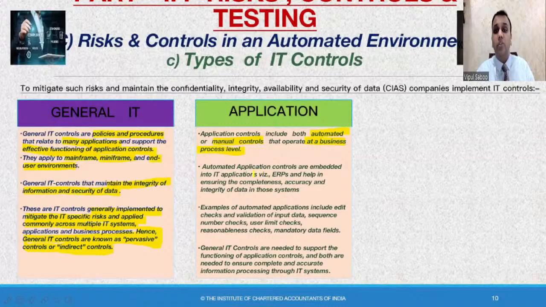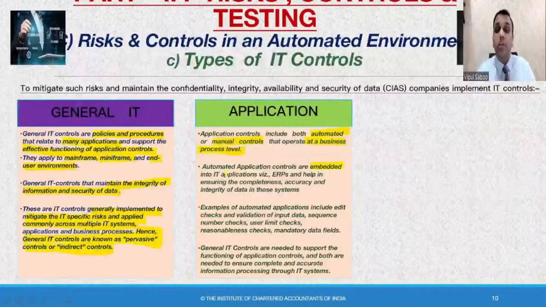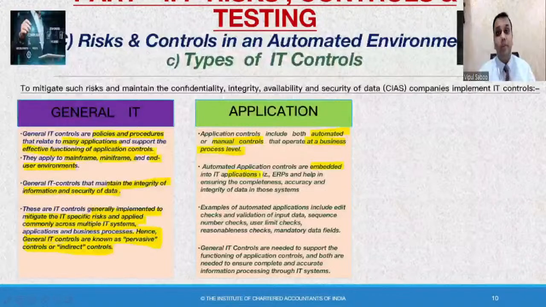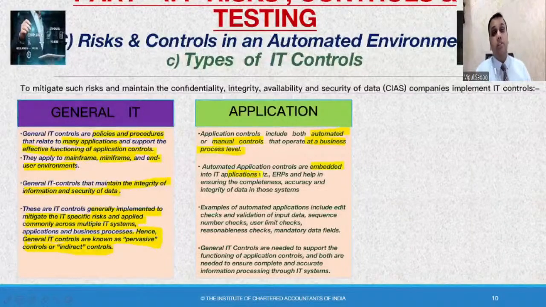Automated application controls are embedded. Embedded means incorporated into IT applications. The software you are using, these controls are embedded into them, whether developed in-house or purchased from an outside vendor. And they help in ensuring the completeness, accuracy, and integrity of data in those systems.